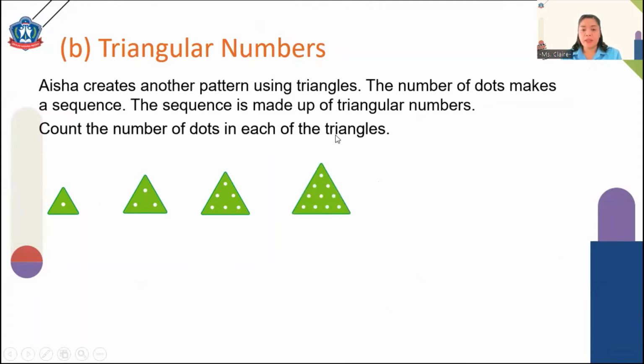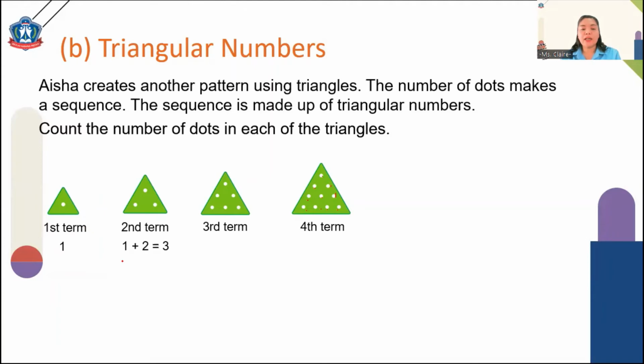On the fourth one, can you count how many? Let's count first. 1, 2, 3, 4, 5, 6, 7, 8, 9, 10. So there are 10 dots. Okay, first term, second term, third term, and fourth term. In the first term, there is only 1 dot.